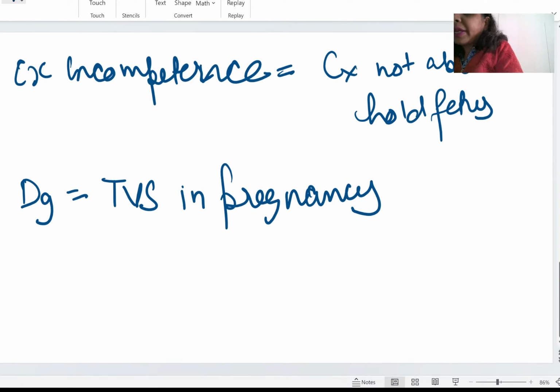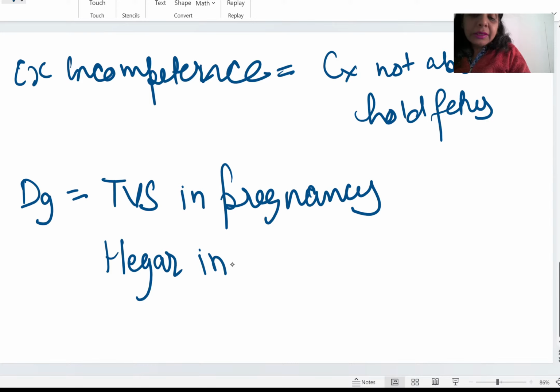Yes, we are discussing, Dr. Rachna. If the patient has come to you non-pregnant for preconceptional counseling, then you do the Hegar dilator test when non-pregnant.